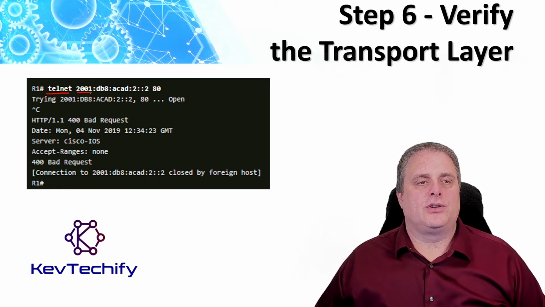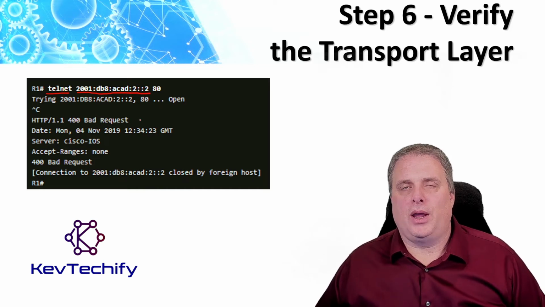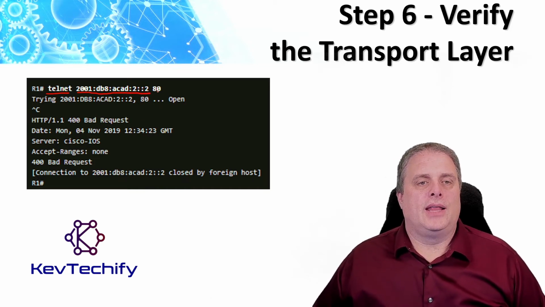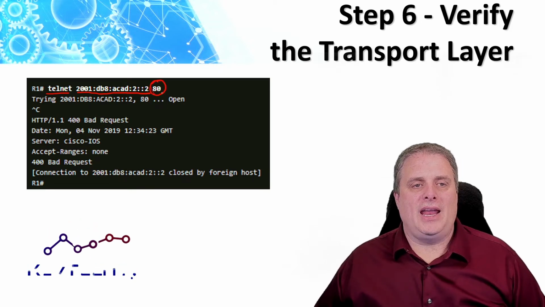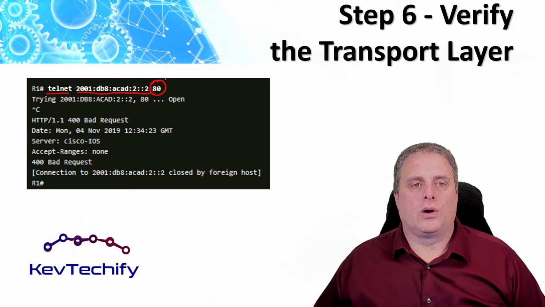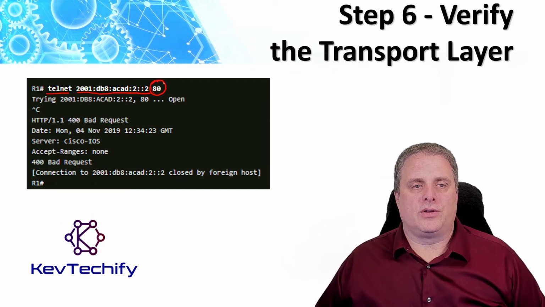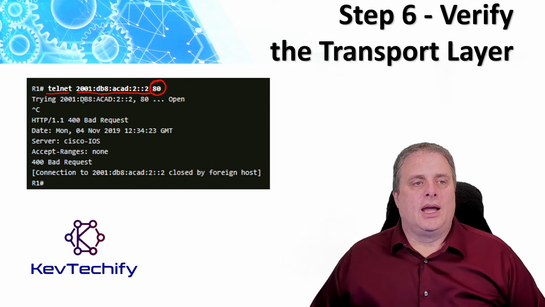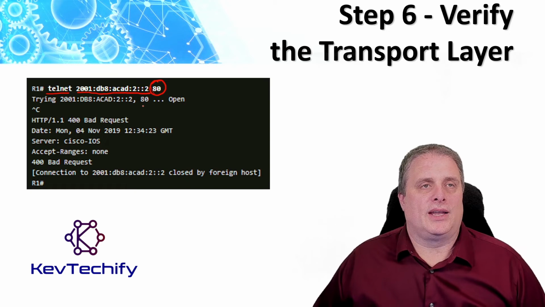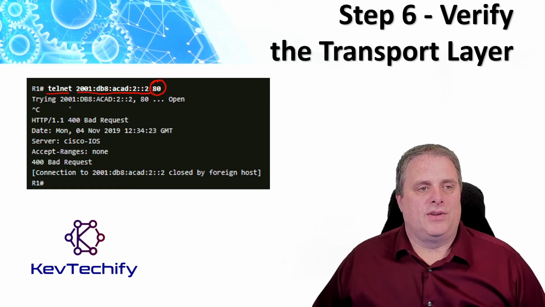They put the IP address in here, or you could put a domain if you know your DNS is working, and then you specify the port. Right here, we're going to specify the port of 80, which is our web server. So this is our web server, and we're going to use port 80, and it's going to try to make that connection.